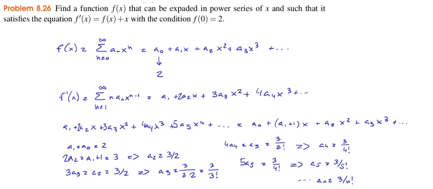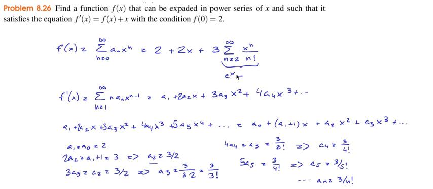So then we can go back and write this sum originally. This is 2 plus 2x, and then everything else is 3 times the sum from n equals 2 to infinity of x to the n divided by n factorial. But this is e to the x, starting at 2, so e to the x minus the first two terms, minus x minus 1.